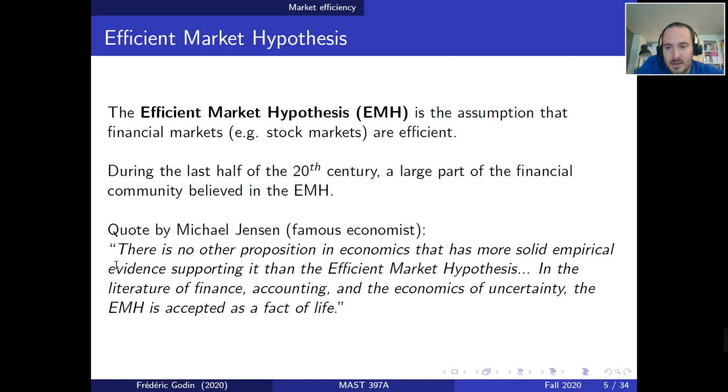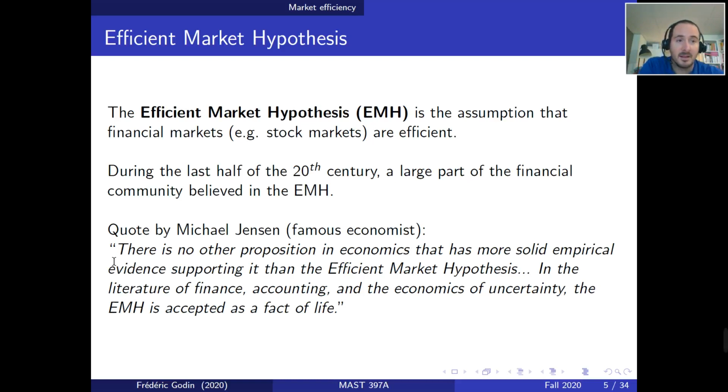Okay, let's read the quote. There is no other proposition in economics that has more solid empirical evidence supporting it than the efficient market hypothesis. In the literature of finance, accounting, and the economics of uncertainty, the efficient market hypothesis is accepted as a fact of life. Okay, so this is a very bold statement.